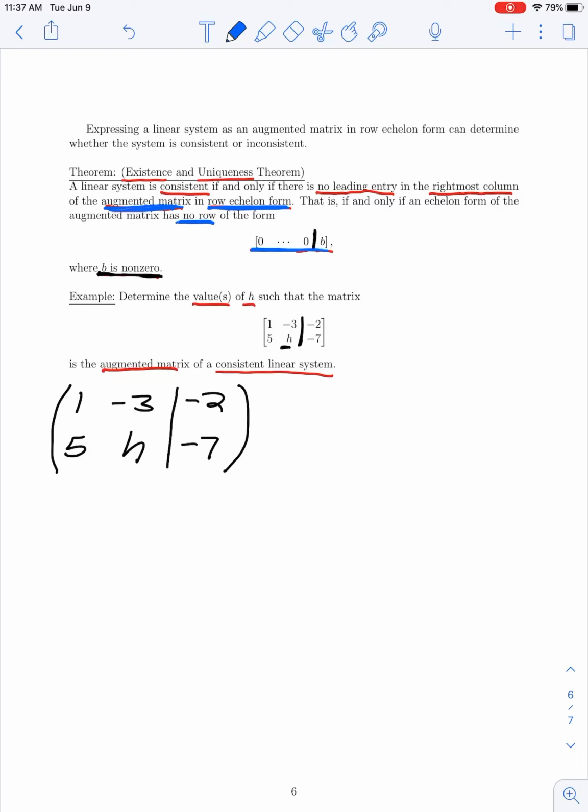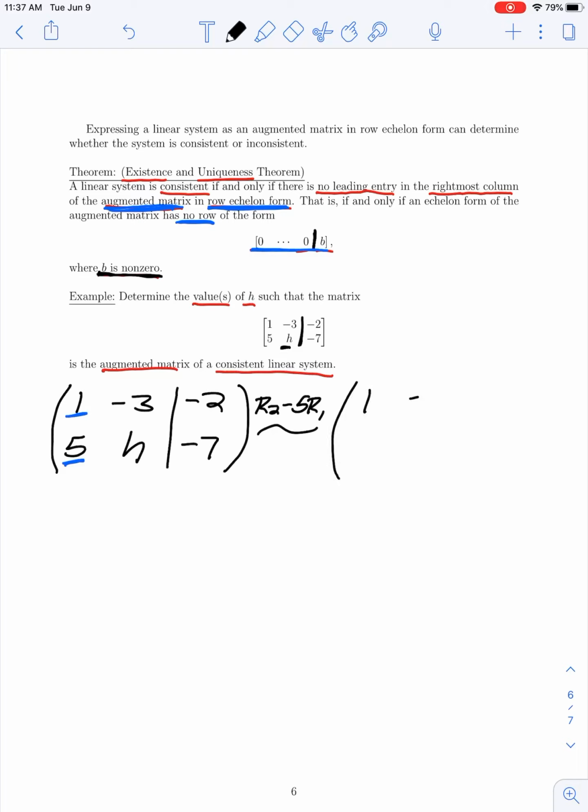So to put this in row echelon form, well, my leading entry in the first row is 1, and I need to kill off the entry 5 that appears below that. So an easy way to do this would be to take row 2 and subtract 5 times my first row.